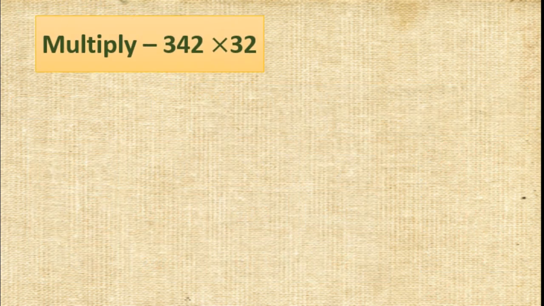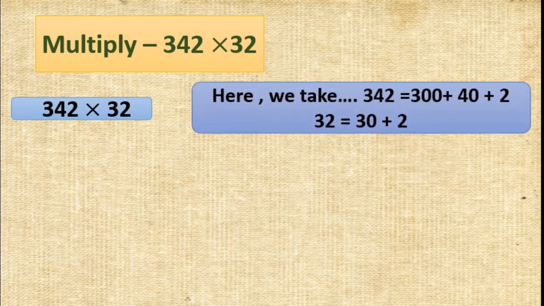Multiply 342 by 32. Here also we are going to multiply a 3-digit number by a 2-digit number, correct? Now we will write these two numbers in their expanded form. That is, 342 is equal to 300 plus 40 plus 2, and 32 is equal to 30 plus 2.